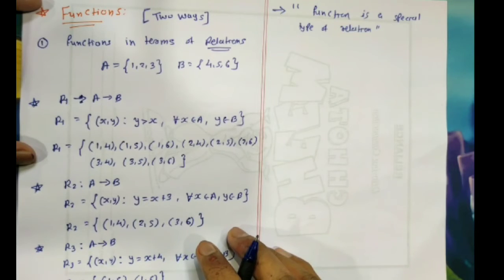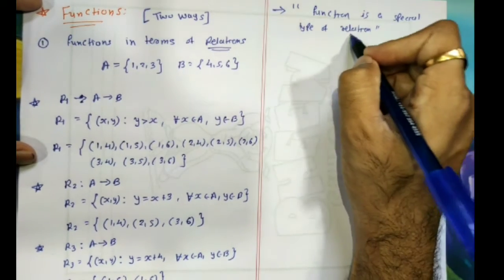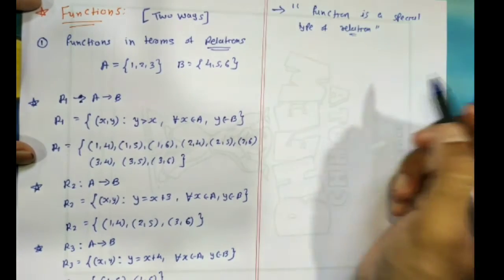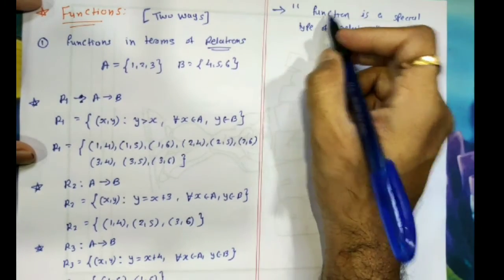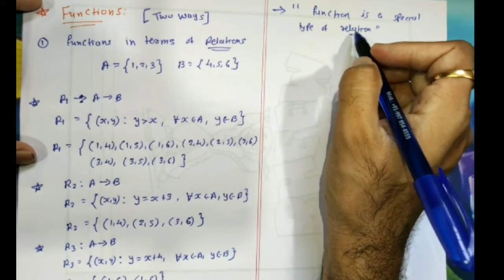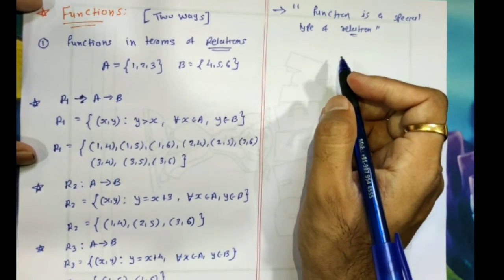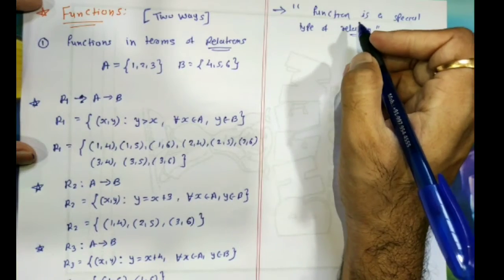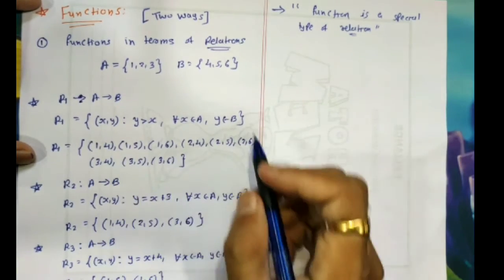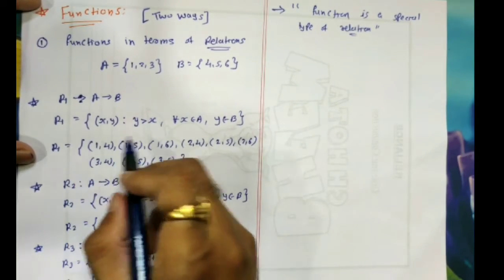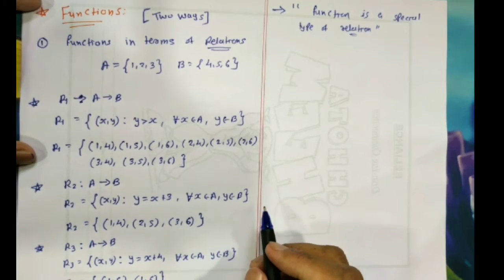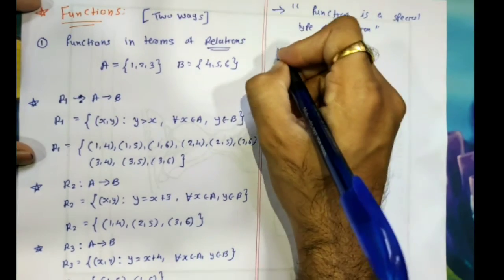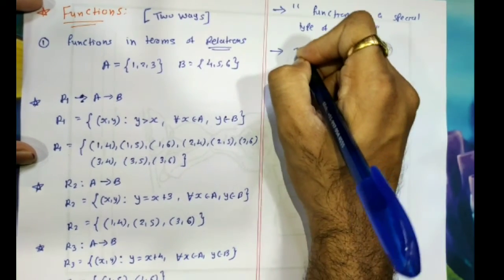If you know the relation, you can easily understand the function, because function is nothing but a relation. So how can we define that a given relation is a function? When will a relation be a function? For that we have to consider the definition of function.